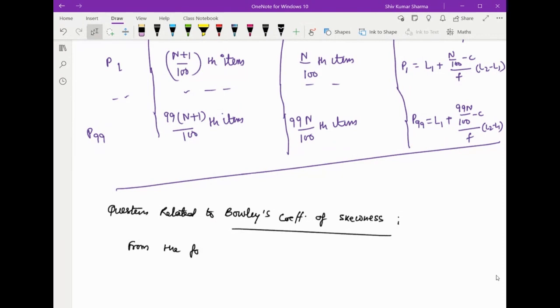From the data, calculate the coefficient of skewness.